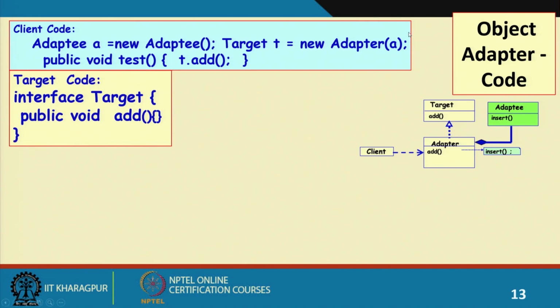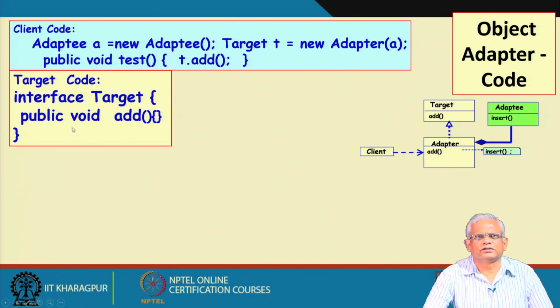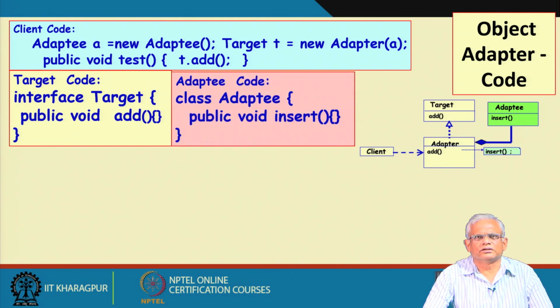The target code is just interface Target and public void add. The adaptee code is class Adaptee and public void insert. Not shown the exact code, but just an overall idea of how it works.